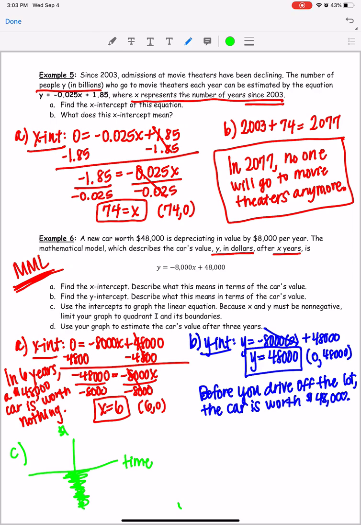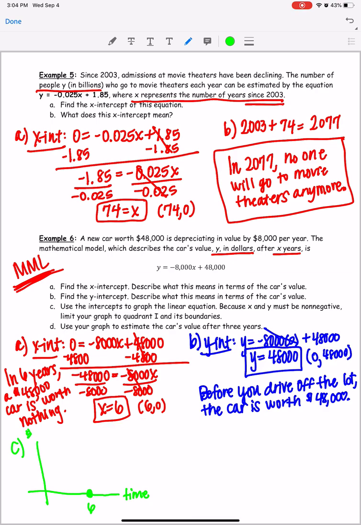Same thing on time. If this is 1 year, 2 year, 3 year, 4 year, we can't go back in time. So there's no such thing as negative years. Because we're only dealing with positive things, that's what non-negative means, we are only looking at quadrant 1 here. So this is my graph, and this doesn't have to be perfect, okay? If this is my time, we need to go over somewhere over here to 6. That's my x-intercept.